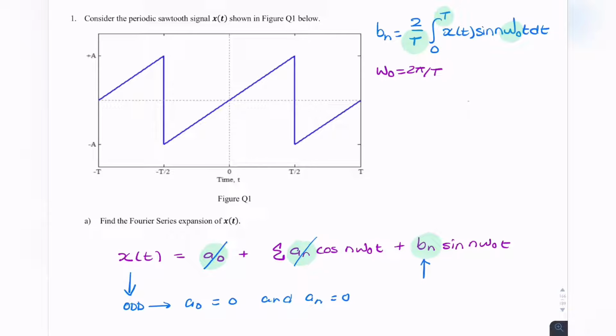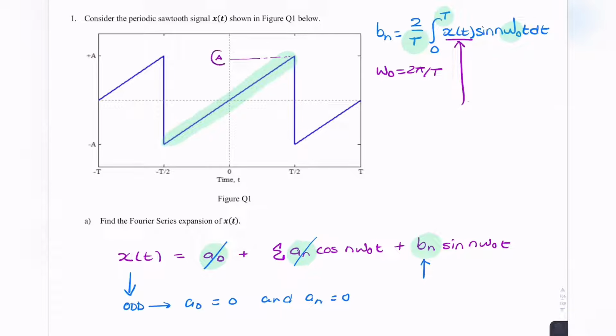We also need to find x of t. So x of t is this straight line here. We need to find the slope, the gradient of x of t. We can do that simply by looking at that. That value is a.